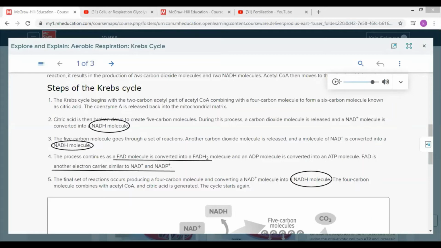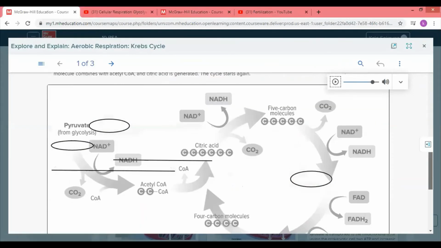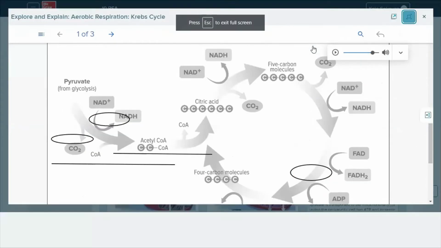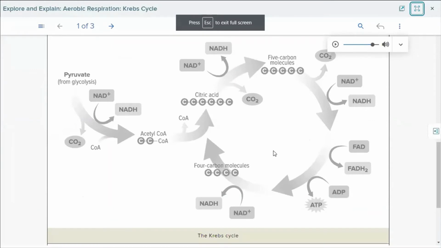Here, step by step, what happens in each phase.